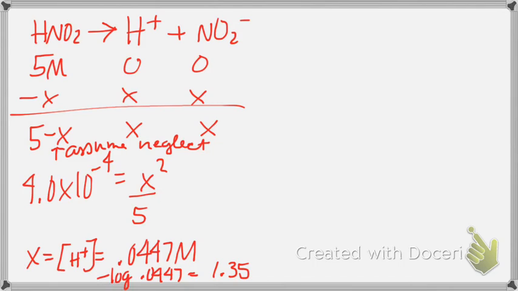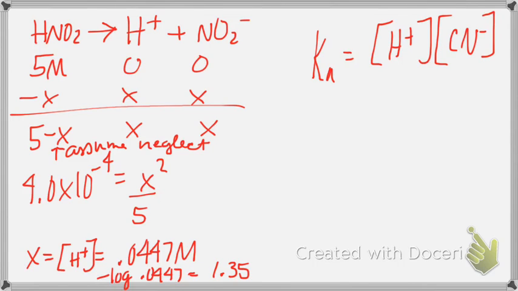So the second part of that is what is the concentration of the CN minus. So we would do Ka. Now if we were going to do that one, we would say H plus times CN minus over HCN, right? Because we're looking for the CN minus.